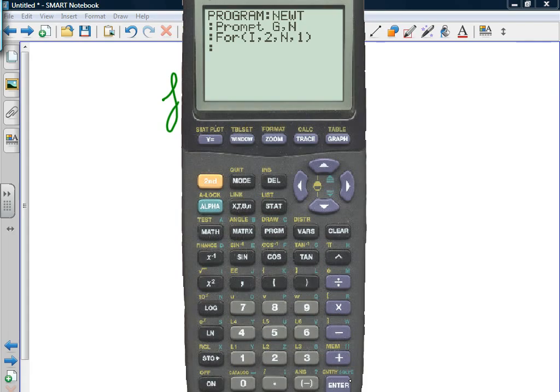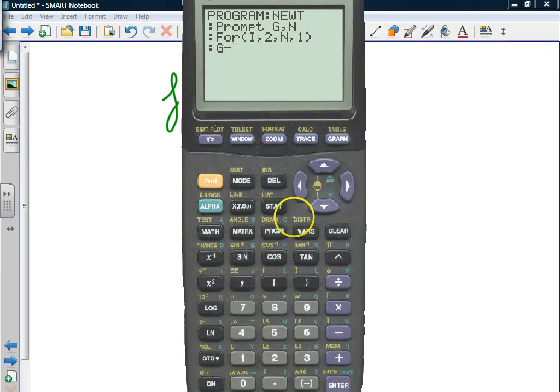And what I want to do is write that humongous line I had a minute ago, right? So here we go. Alpha G minus... and the precondition to this program, before you run it, is that you have to put the function in Y1, okay?